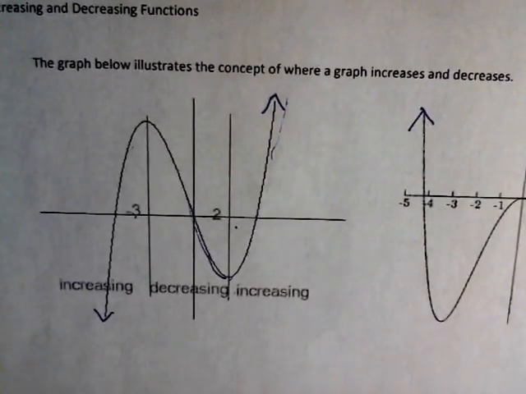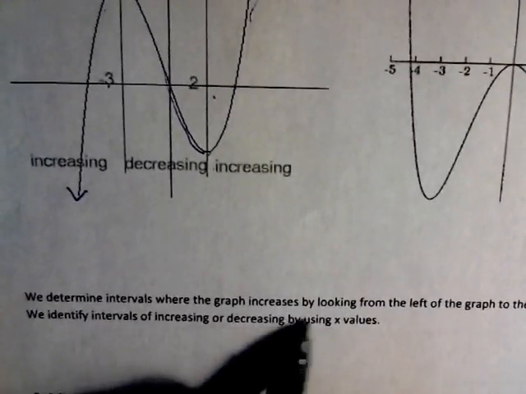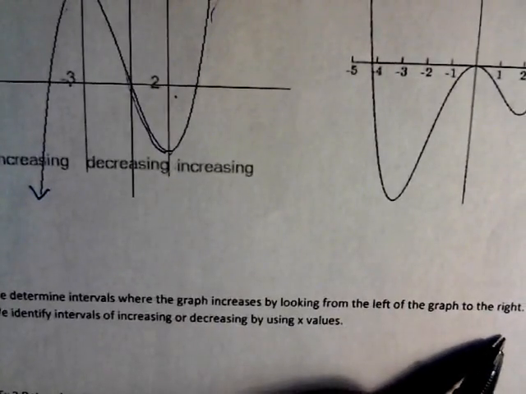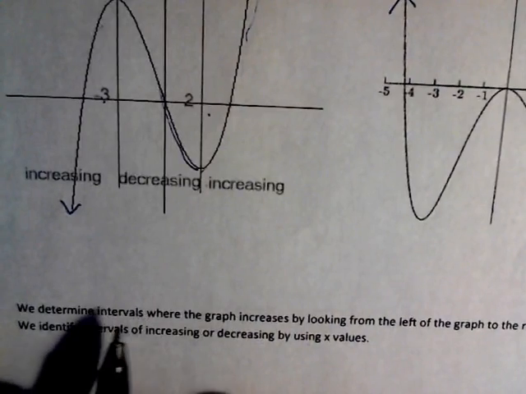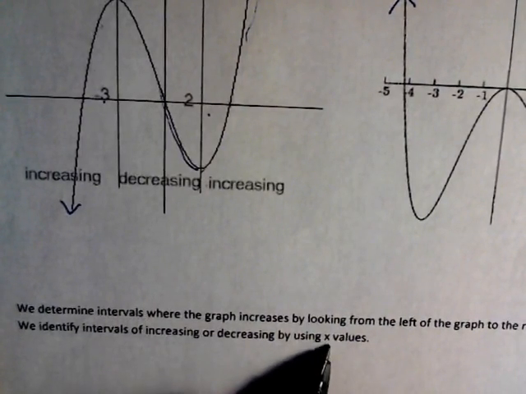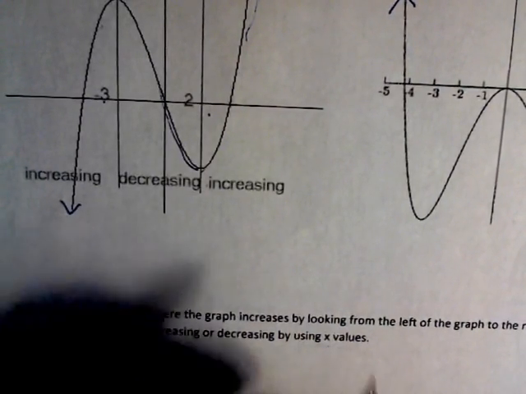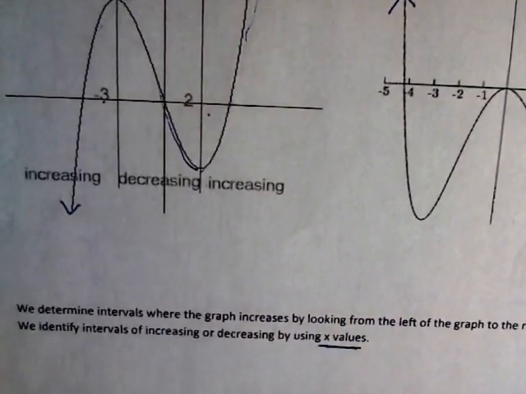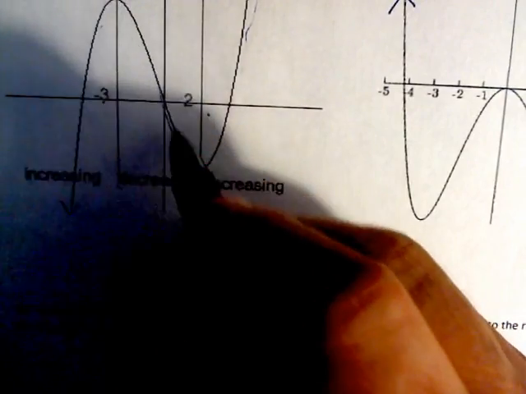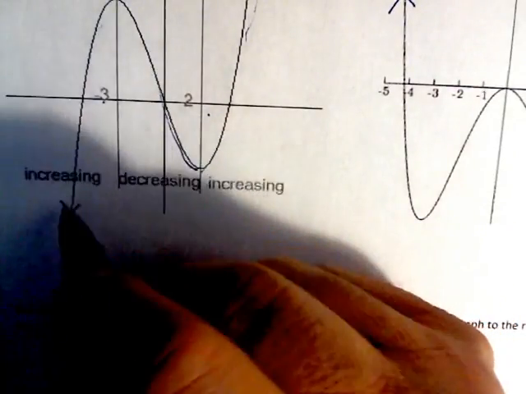And we always want to identify intervals where the graph increases by looking left to right on the graph, and we have to give our answer using x values. So many times people want to give y values, because don't forget, we're looking at up and down. Up and down is the y.